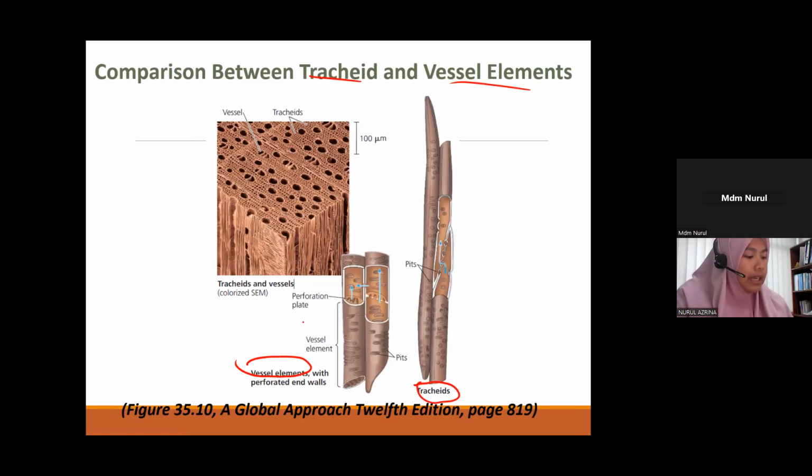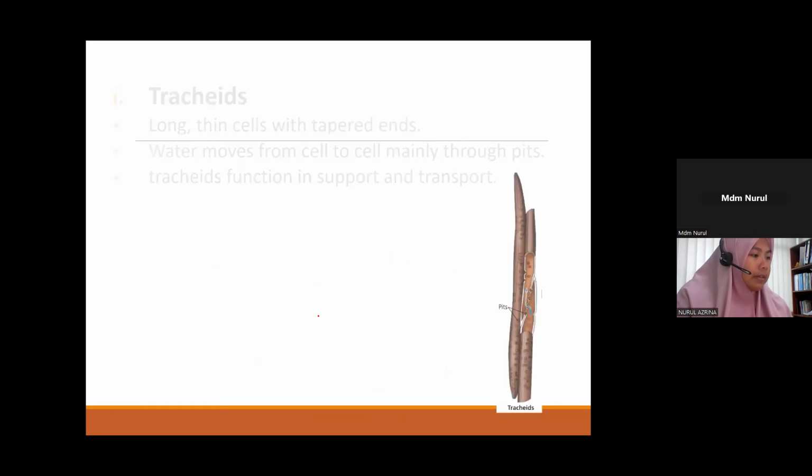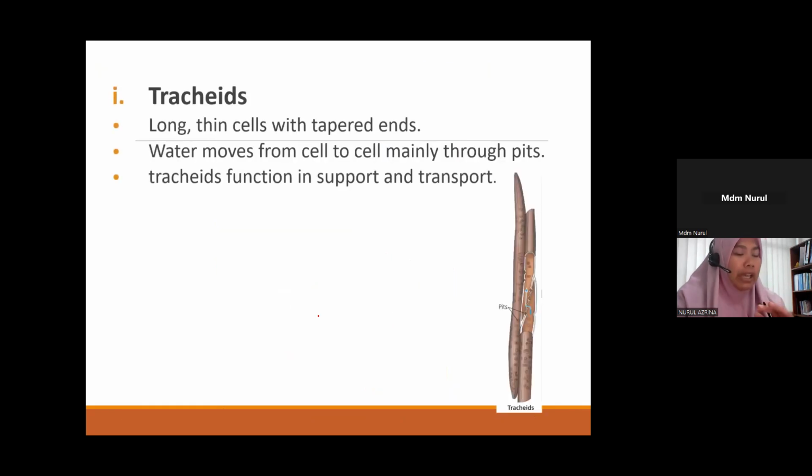Let's see the tracheid first. A tracheid is a long, thin cell with tapered ends. Water moves from cell to cell mainly through pits. So these are pits. Tracheids function in support and transport: they support the structure of the xylem and transport water.